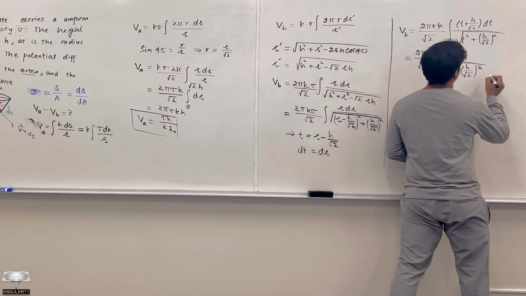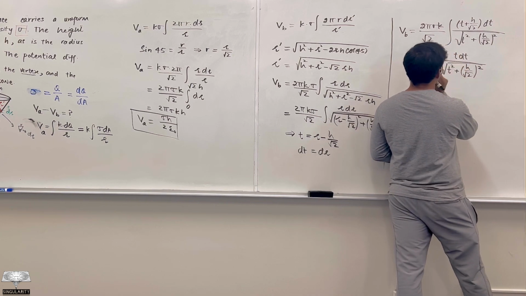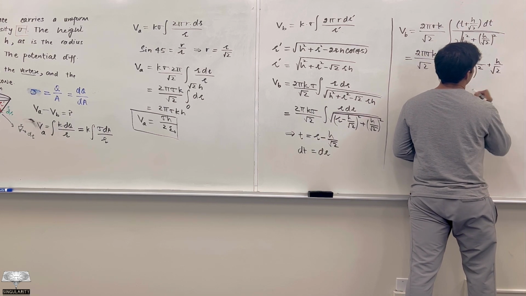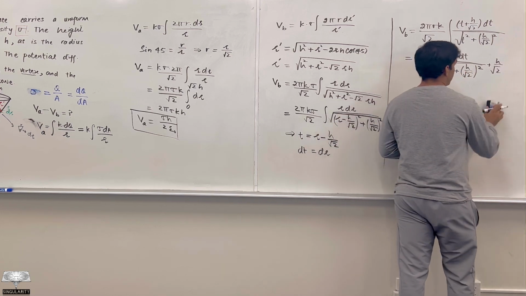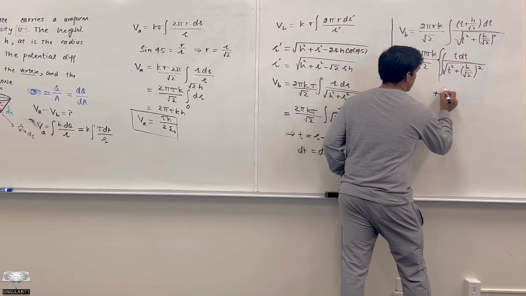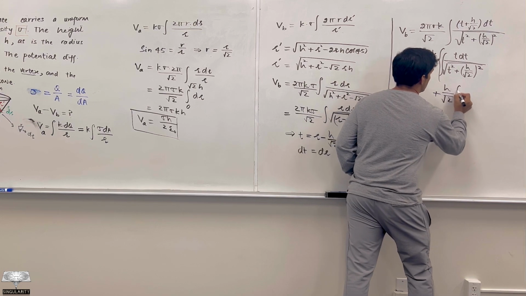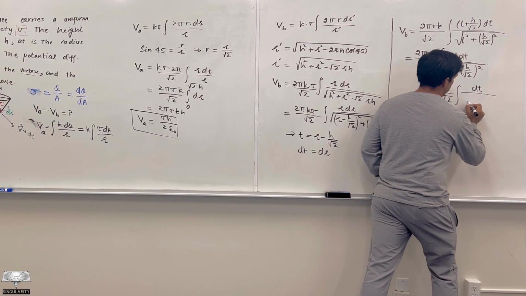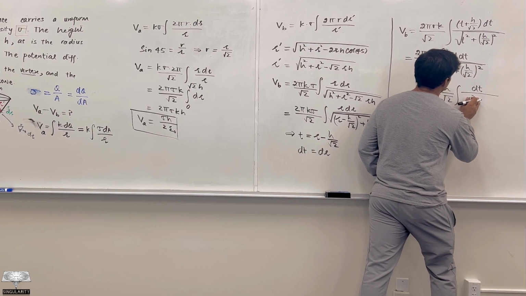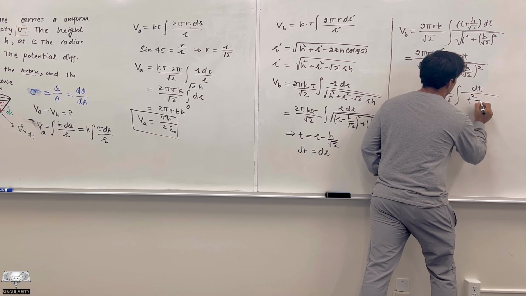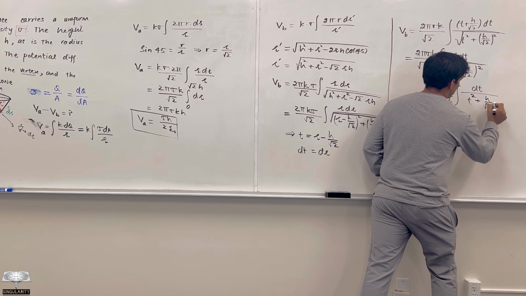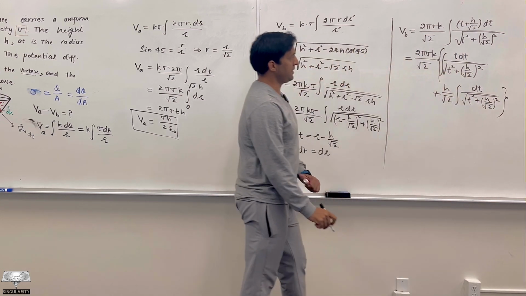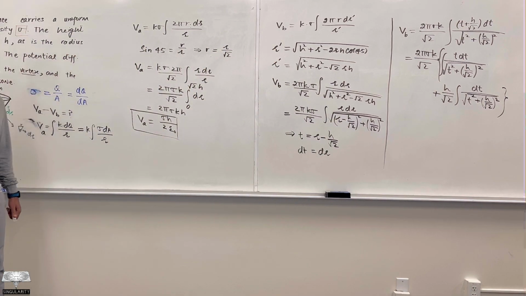And the second term will be plus h by square root 2 times the integral of dt divided by the square root of t square plus (h by square root 2) square. That's it. So we have to solve these two integrals to get the answer.